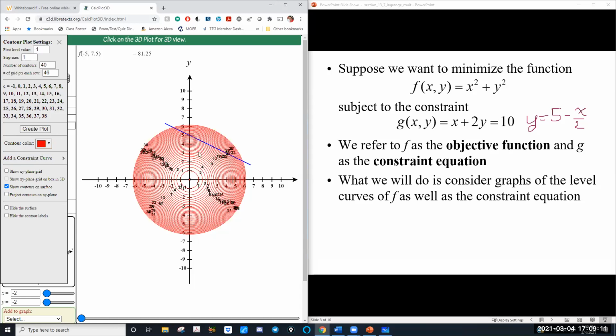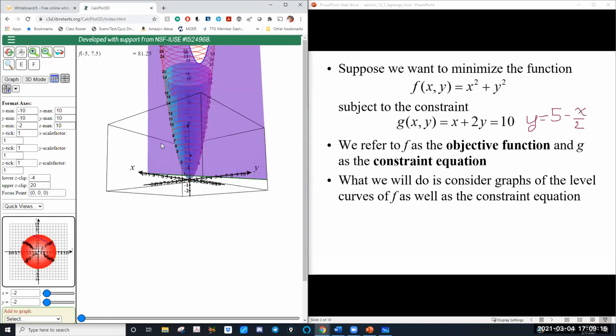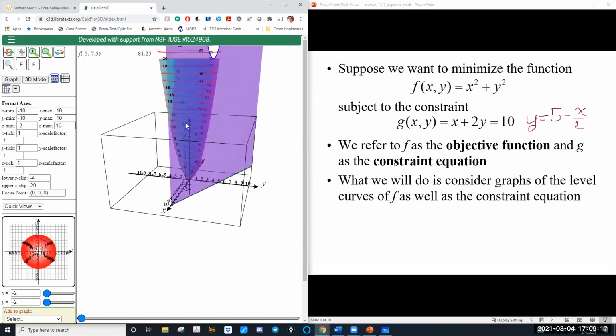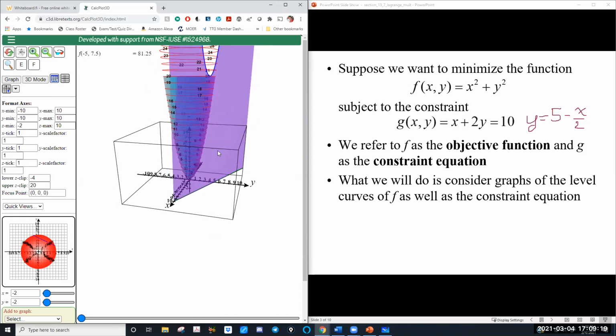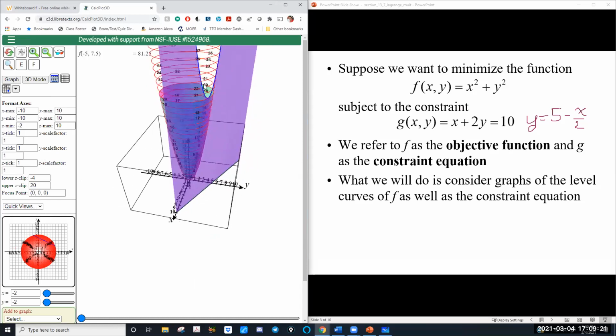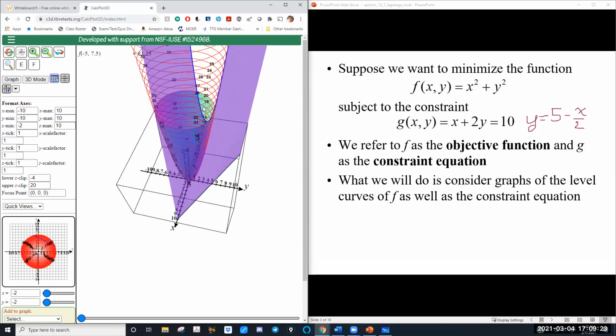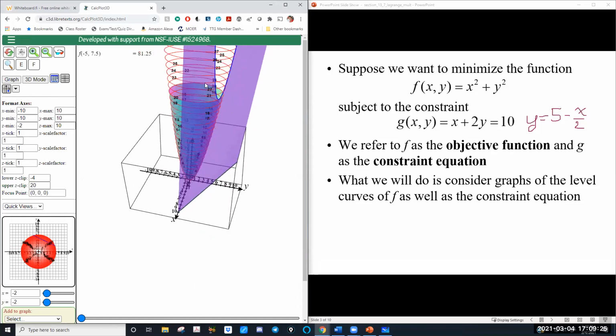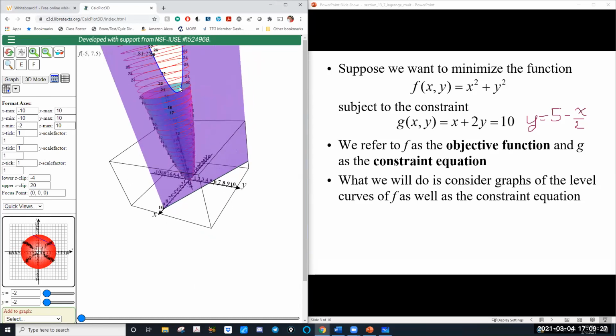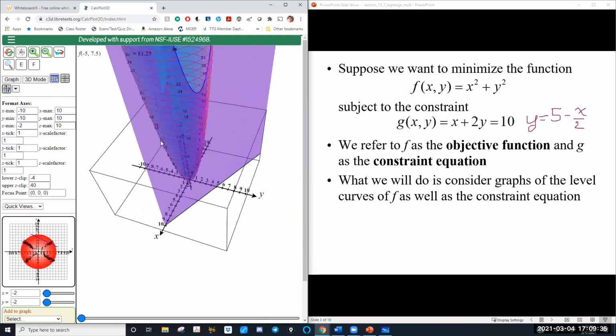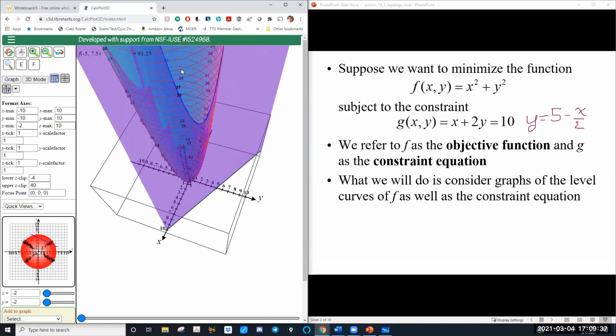I'm going to come back to the contour plot in a second, but I want to show you what's going on in the 3D plot. Let me zoom out just a little. What's nice is we can see where the plane cuts through our three-dimensional plot. Let me do this so you can see it even better. There. See that blue line?